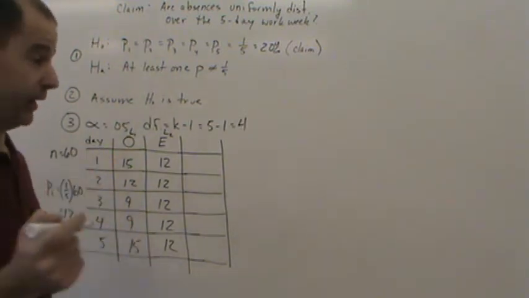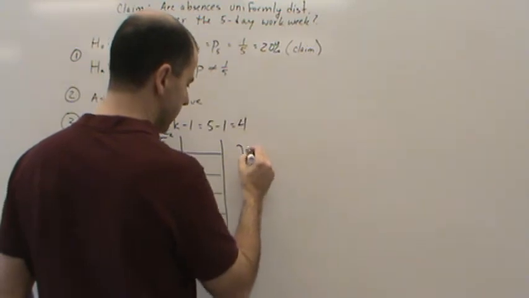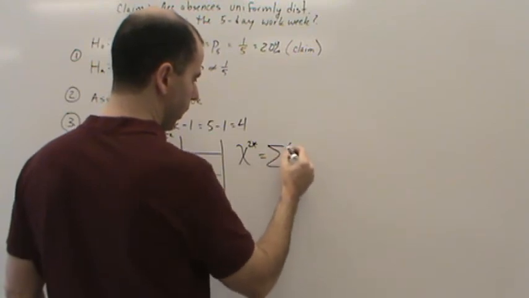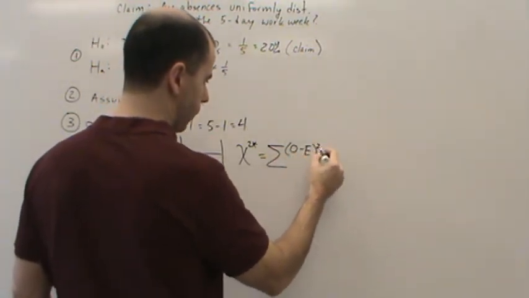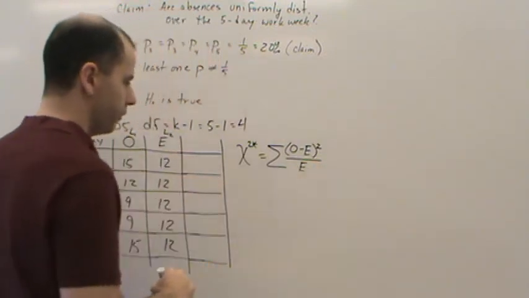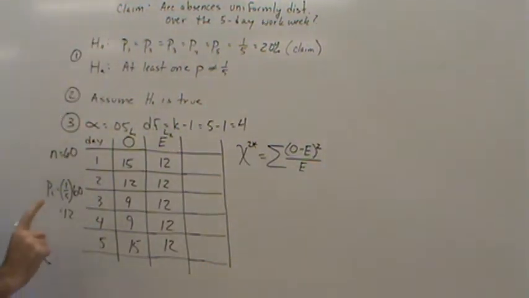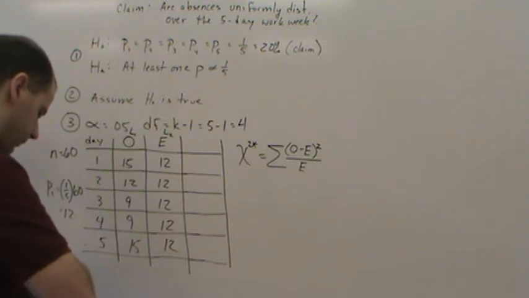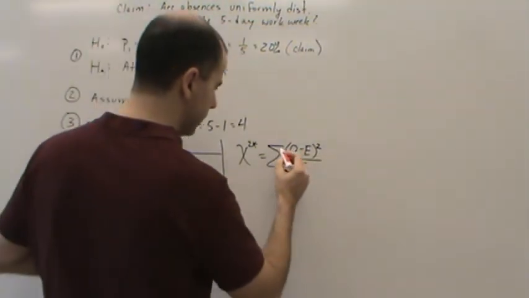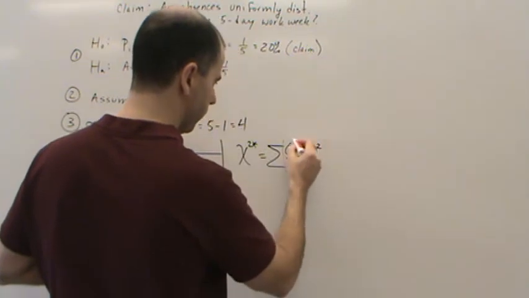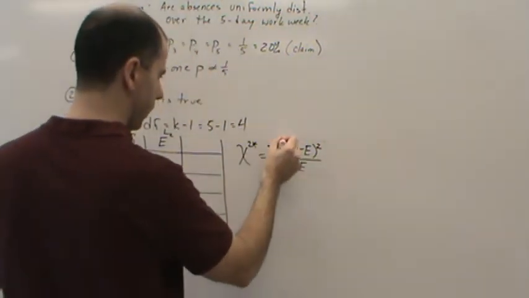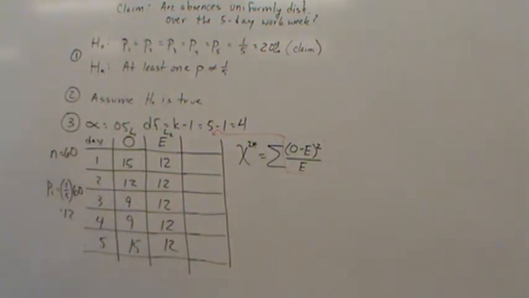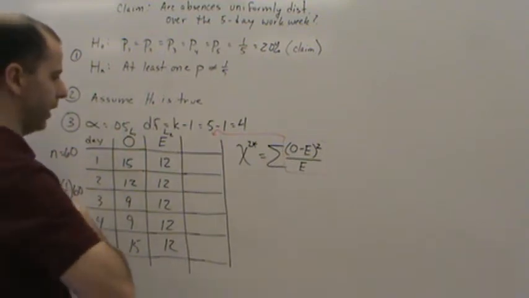Now I need to calculate my test statistic. Now remember, the test statistic chi-squared star is this formula, the sum of O minus E squared divided by E. So now I'm going to use this formula in my calculator. And you're probably wondering, how am I going to do that? I'm going to take this piece here, and this is going to go in my last list, which is going to be L3.